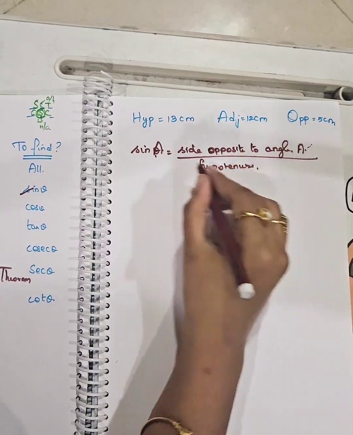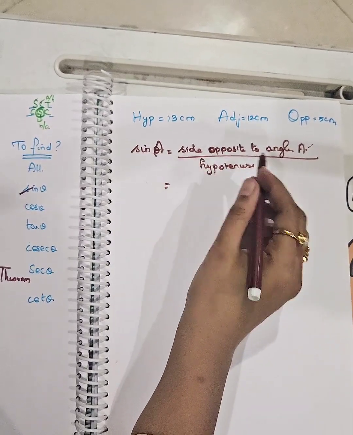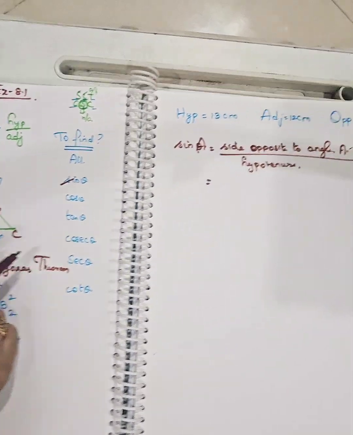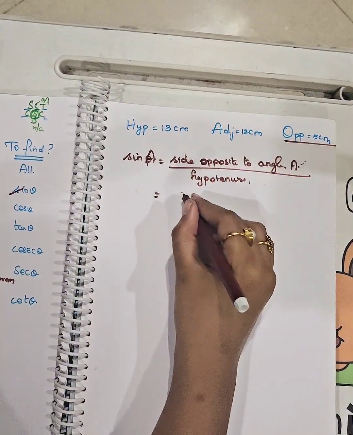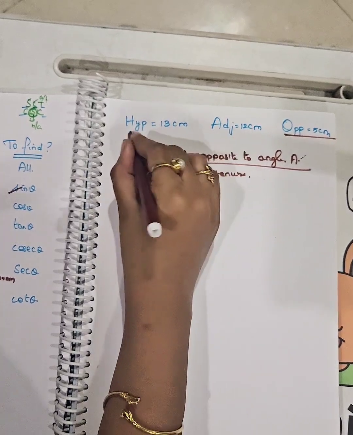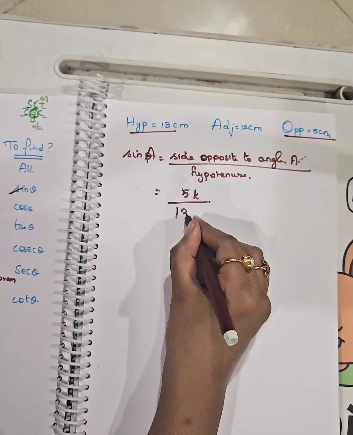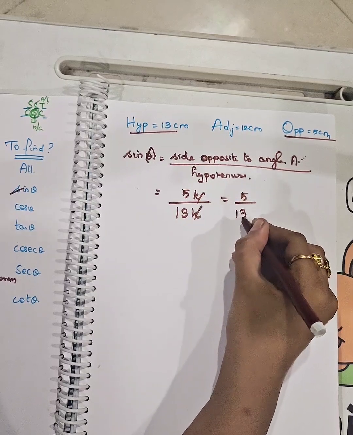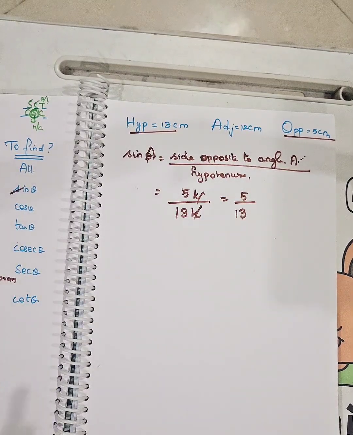Okay students, very simple. Now the side opposite to angle A is 5 centimeter. We have found that, right? So 5 divided by hypotenuse, which is 13. The answer is 5 by 13.